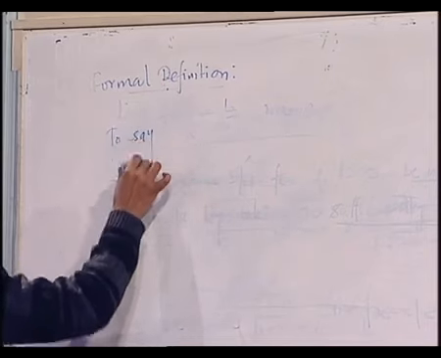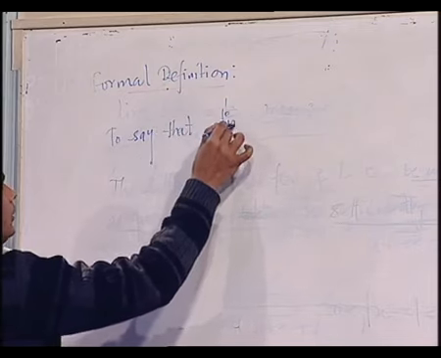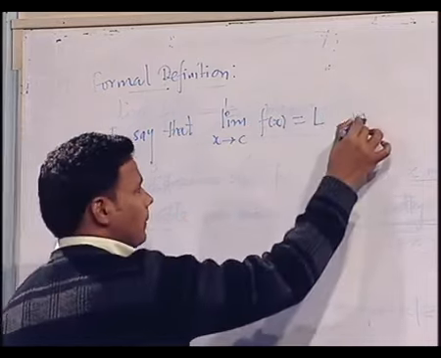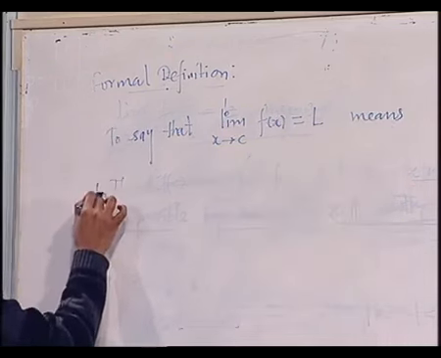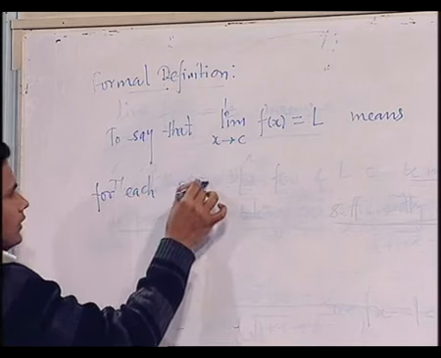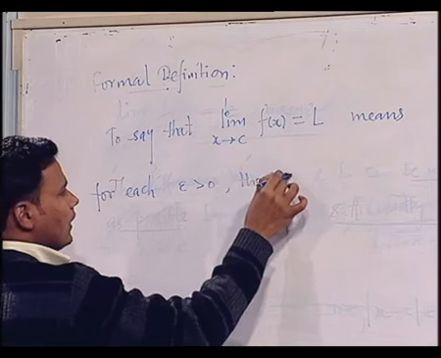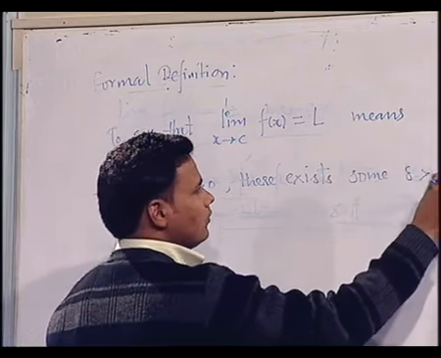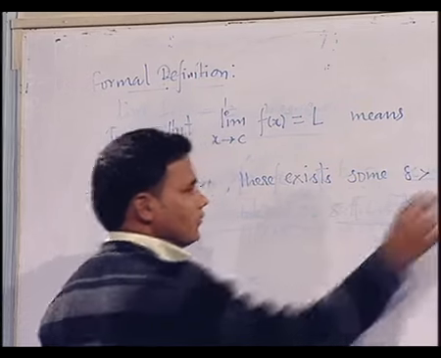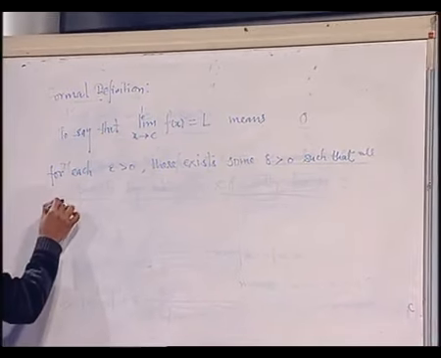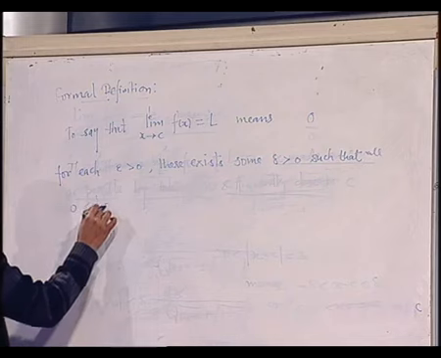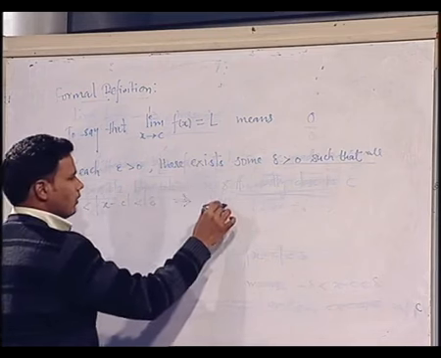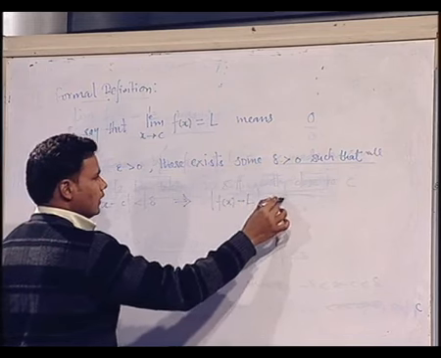To say that limit x tends to c, f(x) equals L means that for each epsilon greater than 0 there exists some delta greater than 0 such that 0 less than mod x minus c less than delta implies mod f(x) minus L less than epsilon.